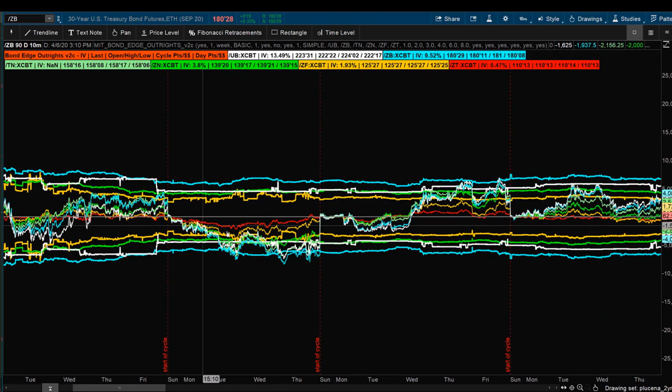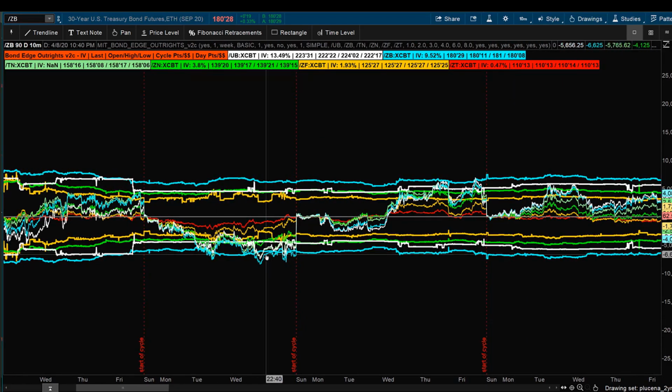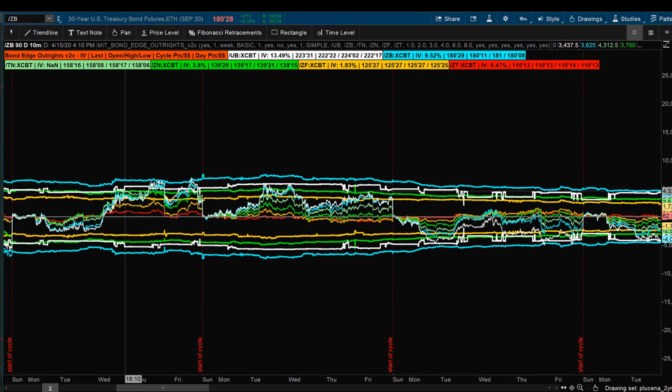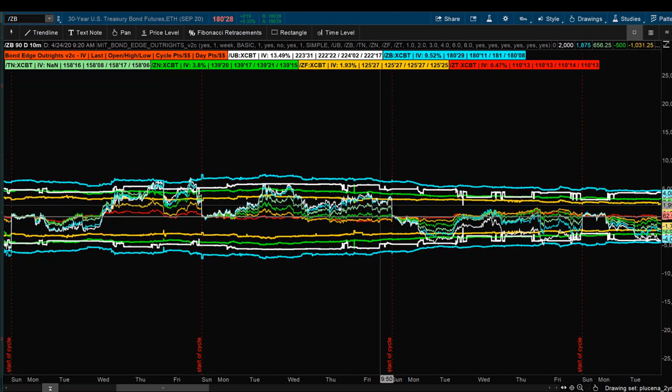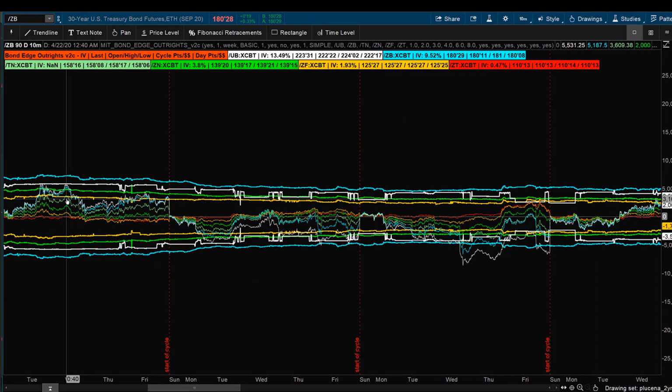So we had a few weeks of the rubber band being stretched to the downside. Well, guess what? Now it's the turn for the rubber band to be stretched to the upside. Notice this week. Notice this period. That was two weeks in a row. Then look what follows. A week of the rubber band being stretched in the other direction.